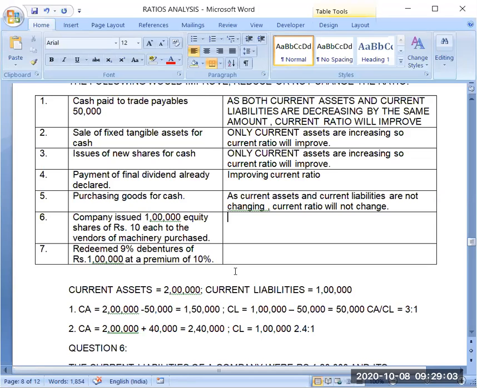So that's why this transaction is not affecting either current assets or current liabilities. So again the answer is that current ratio will not change. I hope the logic is clear. So the same will be applied here.